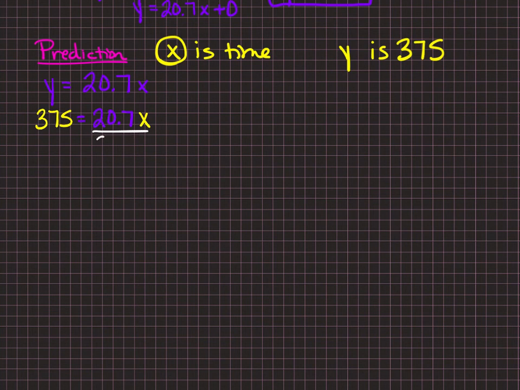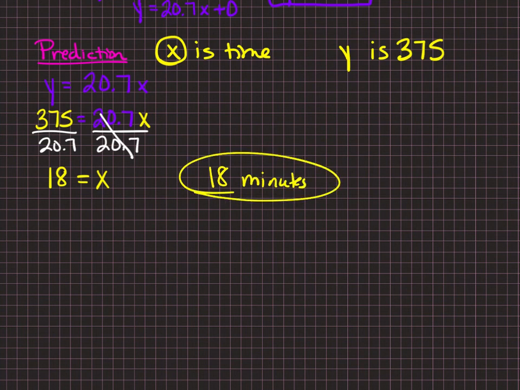So I just divide both sides by 20.7. And I get the value of x, and it comes out to a decimal that keeps on going, and since we're dealing with an estimate, we could say it's about 18. So it takes about 18 minutes for the water to reach 375 gallons.